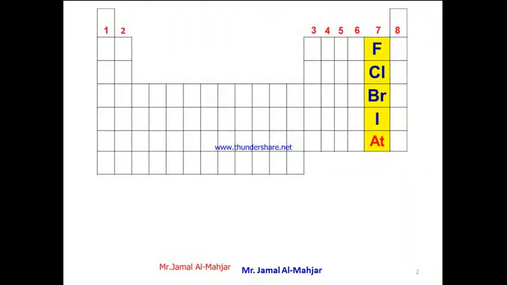So this is the chart of the periodic table. As we see here, we have columns, column 1, 2, 3, 4, 5 up to 8, and these vertical columns are called groups.